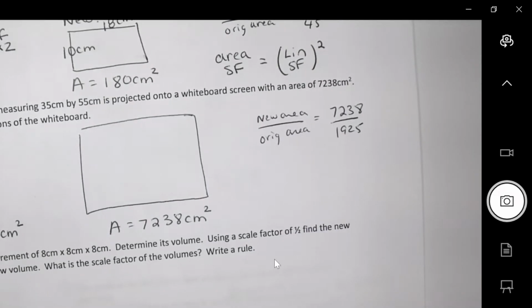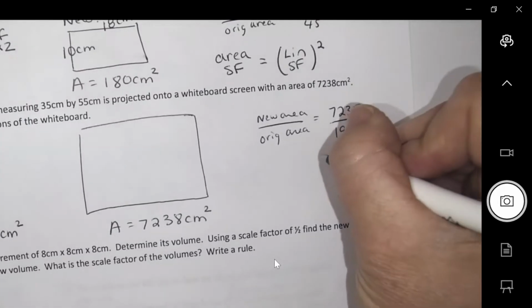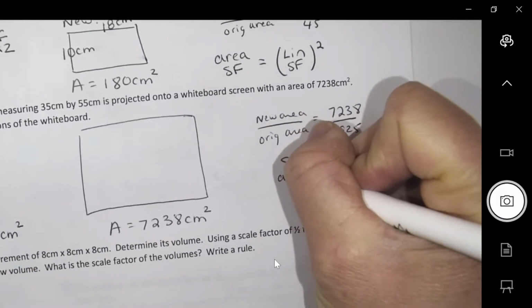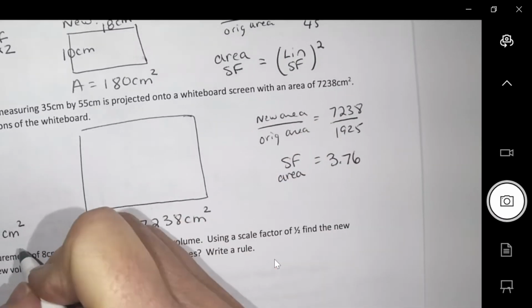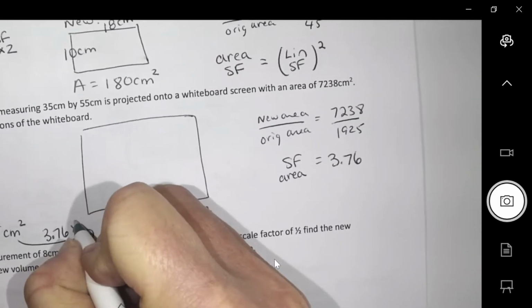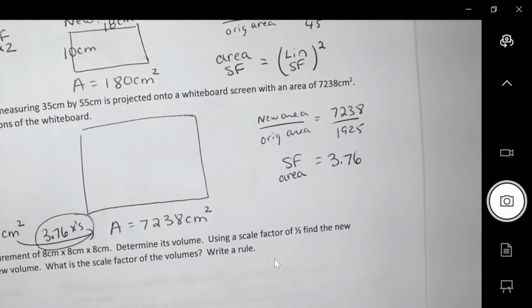So I'm going to get those numbers. Okay, so my thinking is the screen area is 3.76 times larger in area.